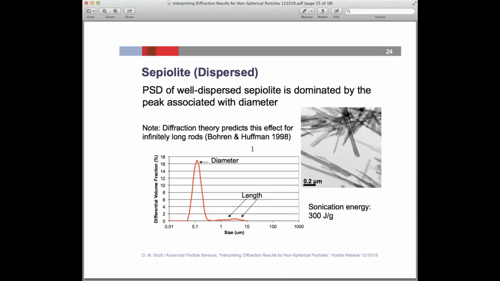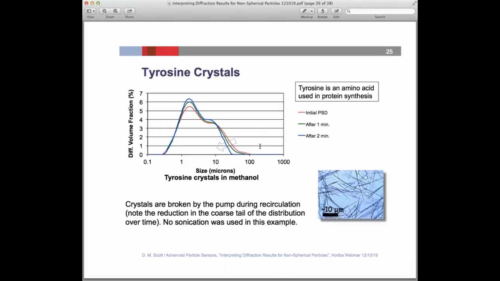In fact, if you inspect Bohren and Huffman on scattering, they go through a derivation of the scattering formula, and this effect is predicted for infinitely long rods, that basically all the scattering comes from the diameter. So we can get the diameter of these rods.